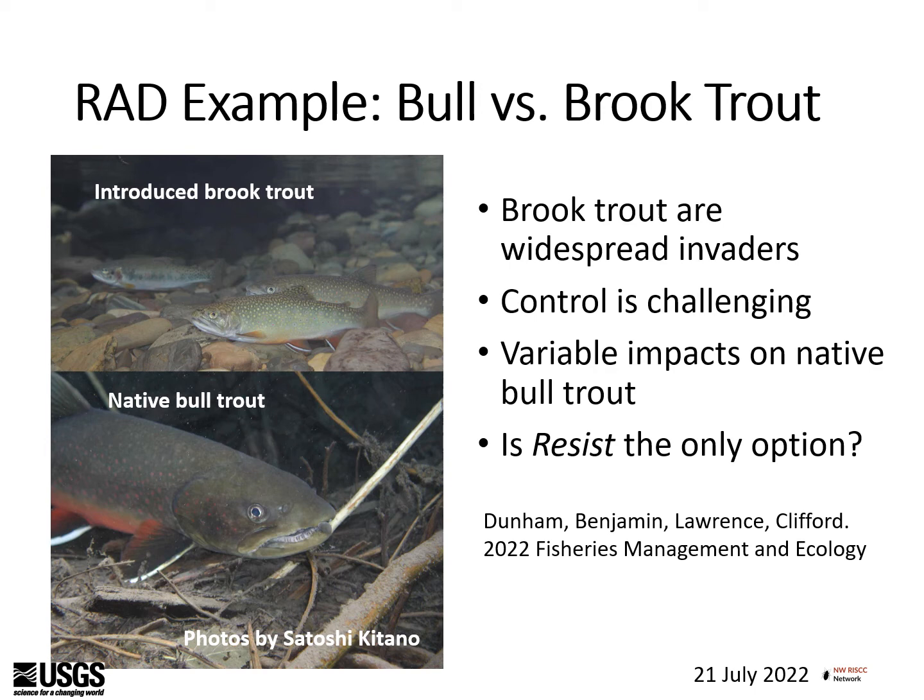And those impacts are also highly variable. So a little hint there that maybe the MIM approach could be useful. And the question I want to get at here, which we pose in our paper, is resist in the RAD framework. Is resist the only option, trying to just basically control brook trout or prevent them from invading?